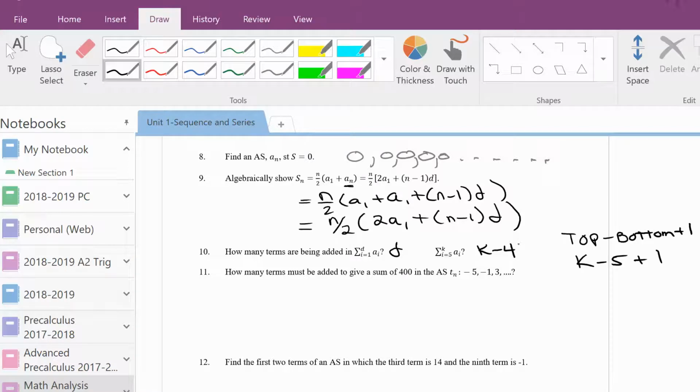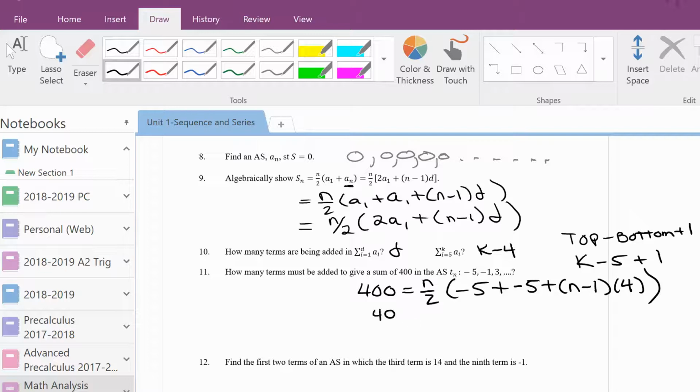So number 11, it says how many terms must be added to give a sum of 400 in the arithmetic sequence? Well, notice that here we know the sum. We know the sum is 400. The number of terms divided by 2 times the first plus the last. But remember, we don't know the last, but we do know the formula for the last, and that's the first term plus n minus 1 times the difference, which is 4.